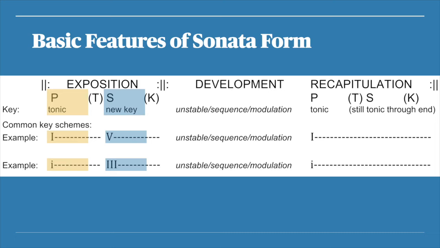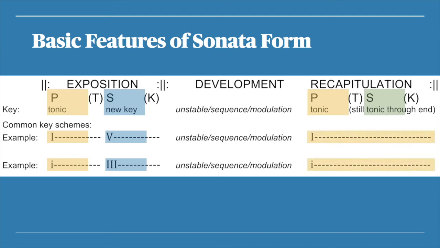What is interesting also about sonata form, in contrast to rounded binary, is that when these themes come back in the recapitulation, we get the primary theme in tonic as we would expect it when it returns, but the secondary theme, when it comes back, still has its melodic contrast, but it's now transposed to the tonic key for harmonic resolution.